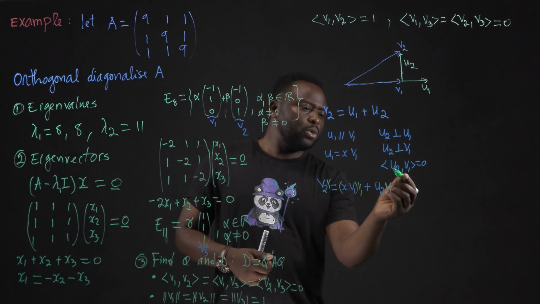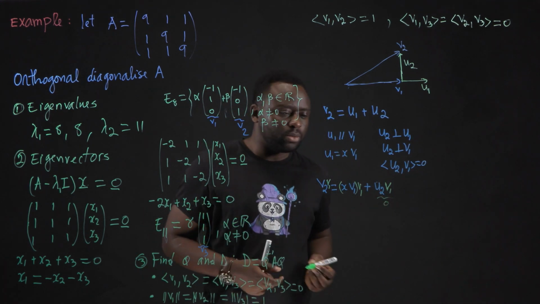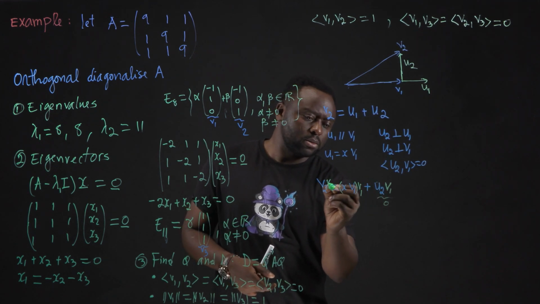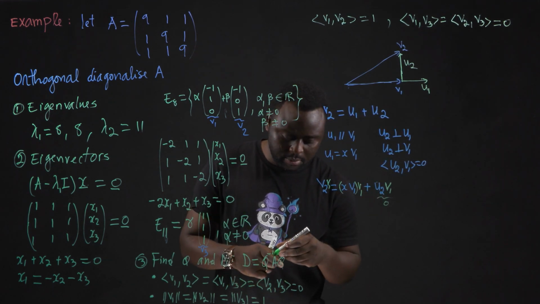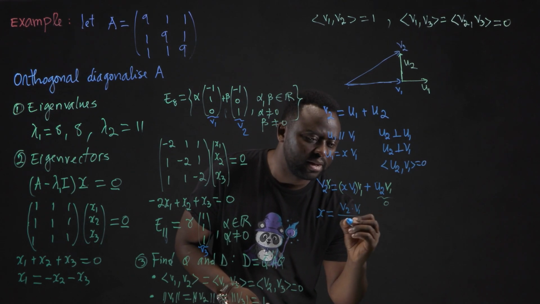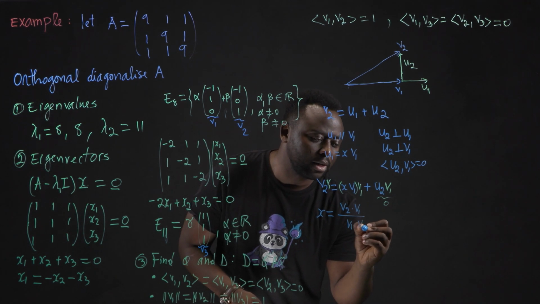We know that U2 and V1 are orthogonal. It means that this product will be 0, and we only remain with this, okay? And from this product, we can solve for X. X becomes V2 times V1 divided by V1 times V1.